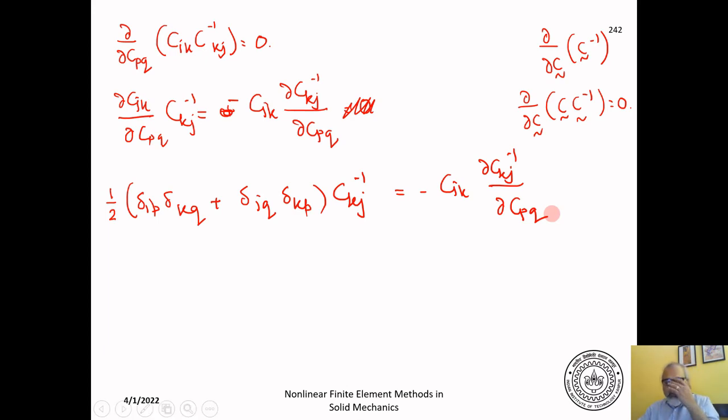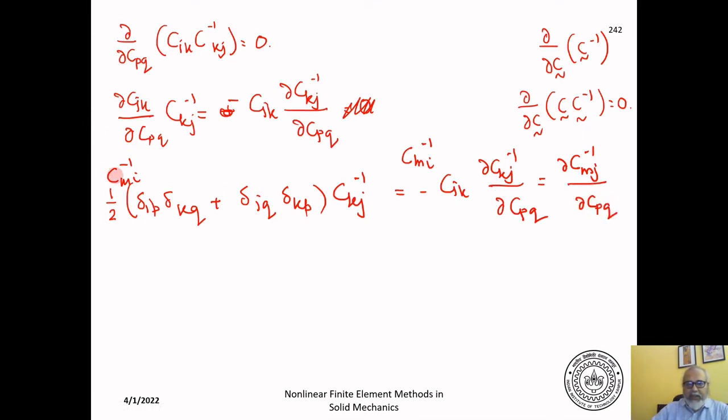Now to isolate the quantity that we want, we multiply this by, let's say, Cmi inverse. I have to do it on both sides. When I do that, this becomes a delta mk, and delta mk knocks this off, so this becomes del Cmj inverse by del Cpq. So this is what it becomes, and let's look at what happens to the other side.